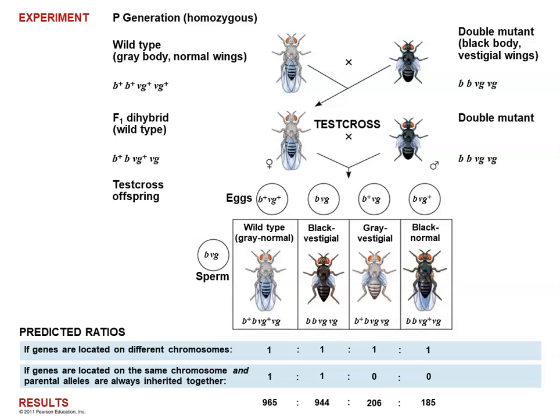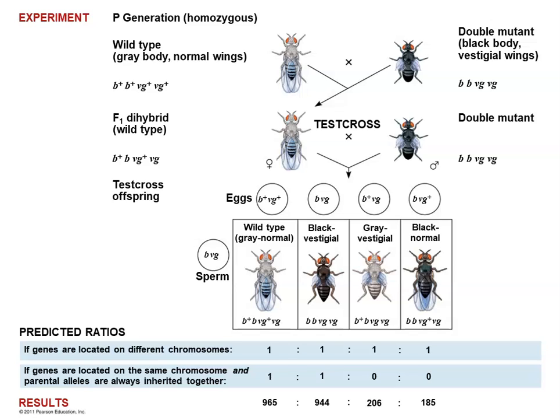Well, with those different combinations of alleles present in the eggs, and if we take what the sperm could provide, which was only the mutant alleles, if they were physically unlinked, if they were on different chromosomes, or, as we'll see soon, if they were on the same chromosome but far apart from one another, we would expect to see all four combinations of alleles, basically in a 1-to-1-to-1-to-1 ratio.